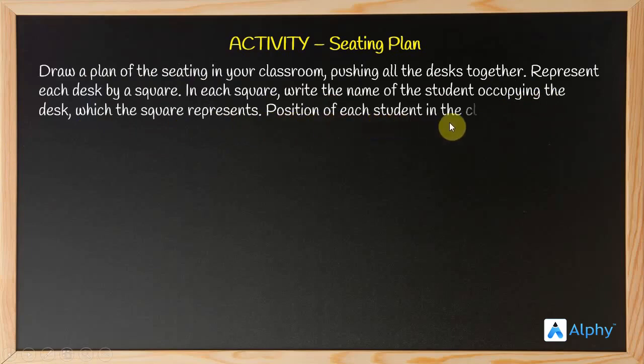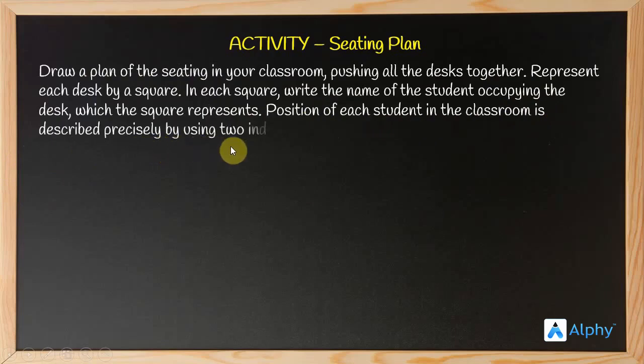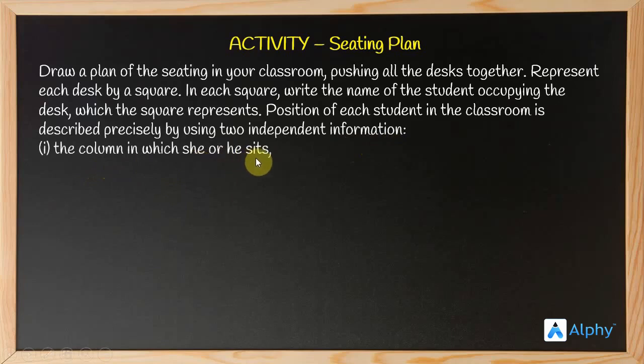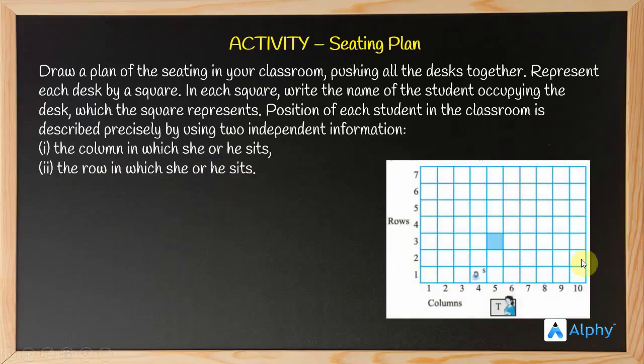The position of each student in the classroom is described precisely by using 2 independent pieces of information. What are those 2 pieces of information? Number 1, the column in which she or he sits, and number 2, the row in which she or he sits. So, this is the kind of figure that will be made.